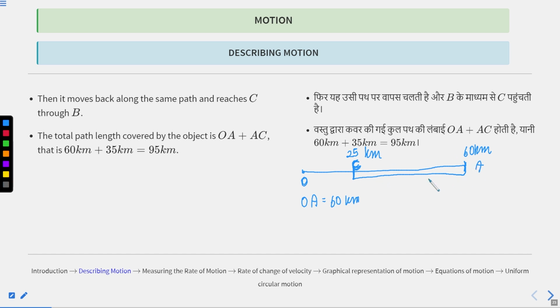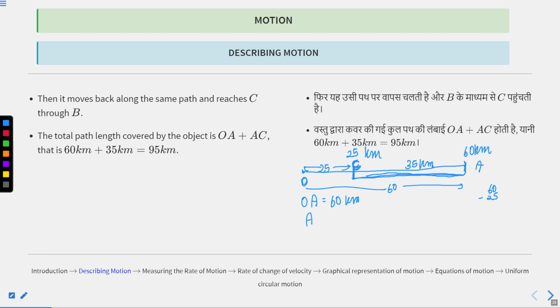Then you return back and reach C point. C is 25 kilometers away from home, so this distance will be 60 minus 25, which is 35 kilometers.